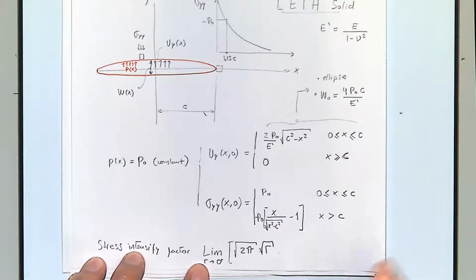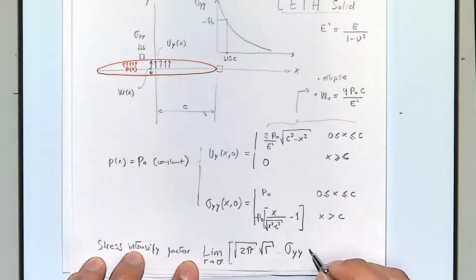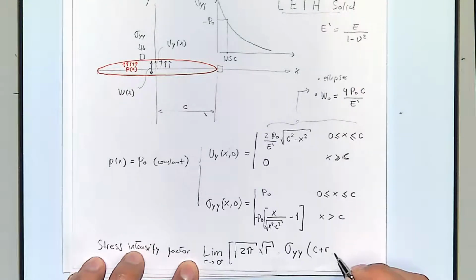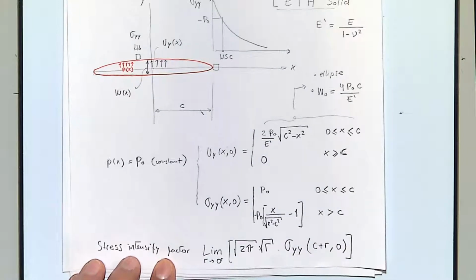Let's see, but don't copy, guys. I'm trying to force myself to remember this equation, so we'll see if it's correct. Times sigma yy as a function of R, where R is C plus R at 0. So let's see if it's correct.